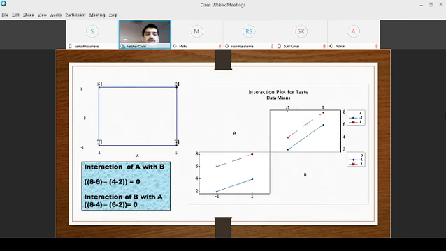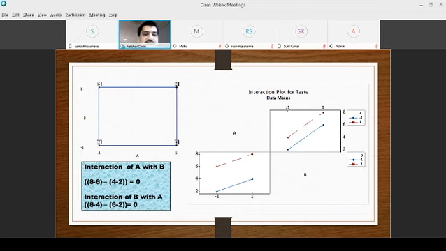So we can also try to understand whether there is interaction or not. To understand this, we are going to draw one graph. Let us say I'll be making use of graph paper. I'll consider the x-axis as A and y-axis as B. So I'll just join 2 to 4 and I'll join 6 to 8. These two lines are parallel to each other.